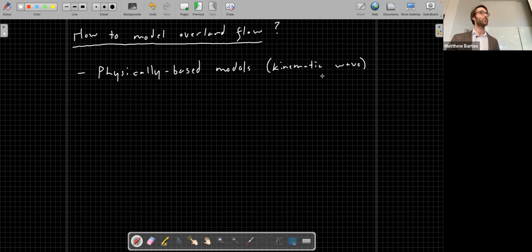And what you're doing on the homework for problem 2 is essentially this process. You are routing the flow you obtain from the Green-Ampt model into a channel using a simplified form of the kinematic wave equation. So that's one way to do it. But oftentimes, this isn't the ideal method. It requires a lot of data.